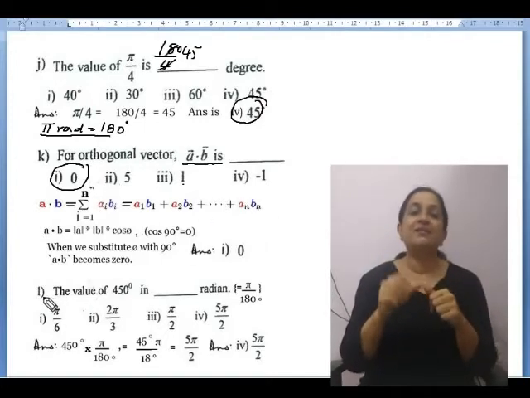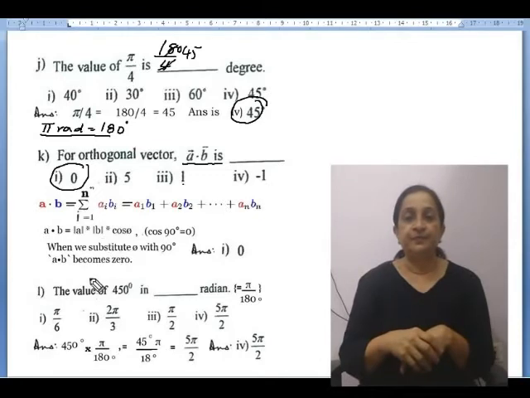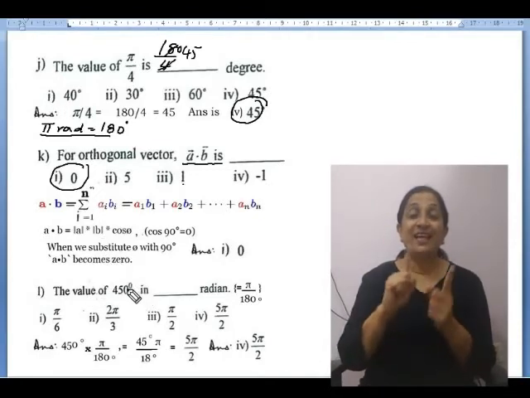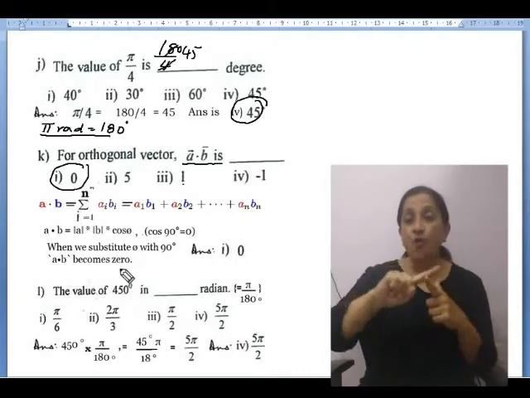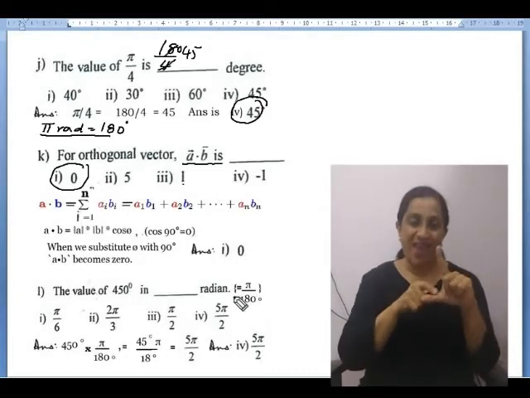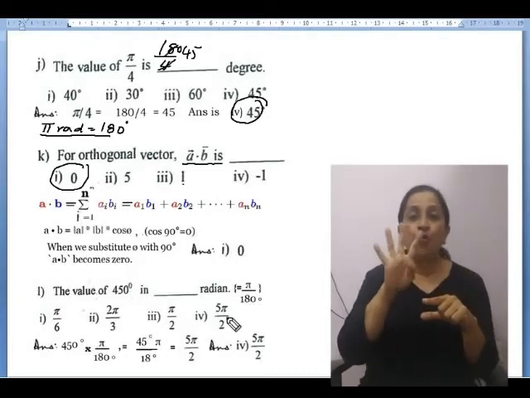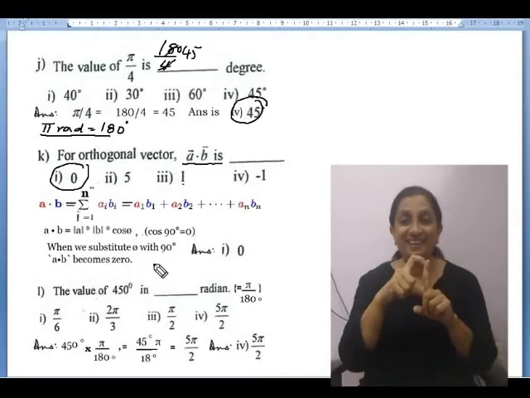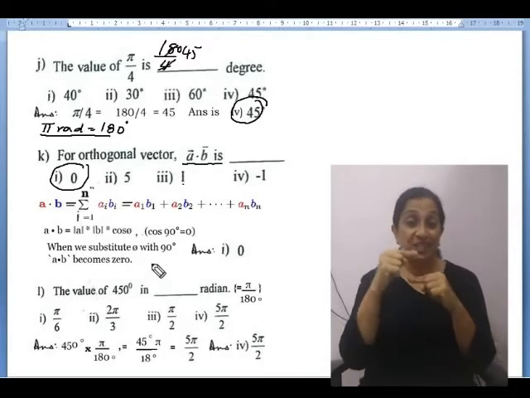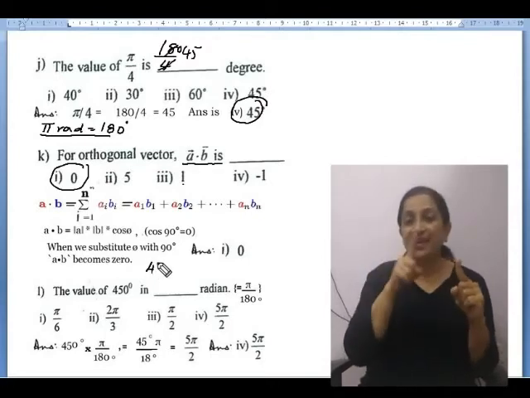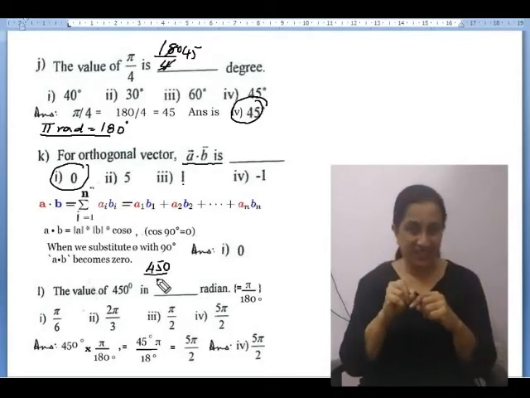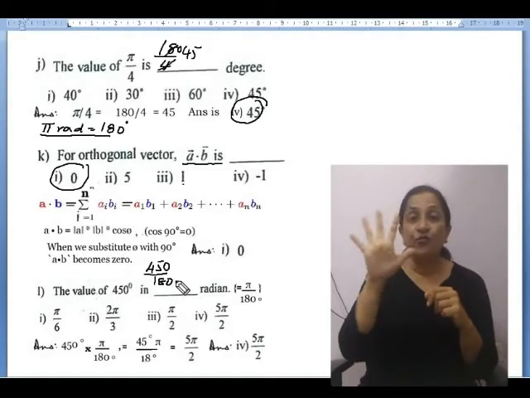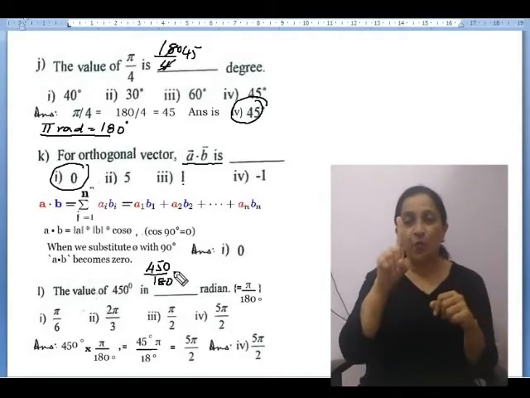Next, L. This is the reverse of J. I told you pi radians equals 180. Here the opposite is given: the number of degrees is given, and they have asked you to find out pi. So obviously you have to divide by 180 here, because for every 180 it will be pi. So 450 divided by 180. Because you have to find out how many pi's are there.